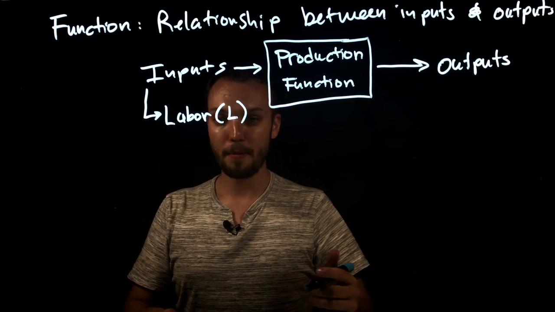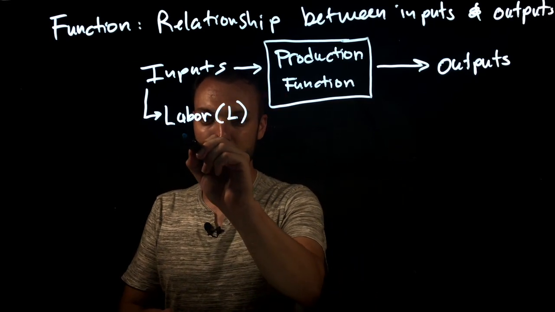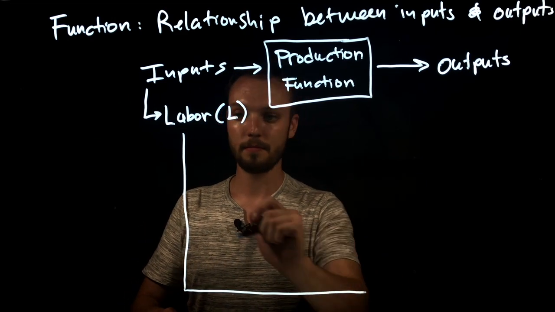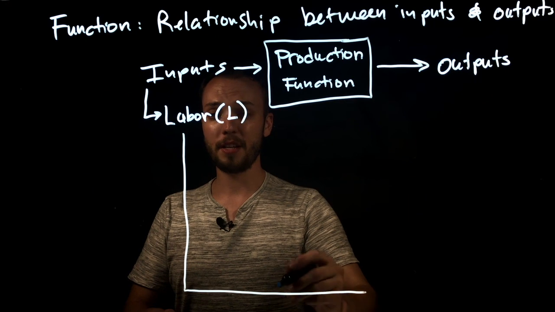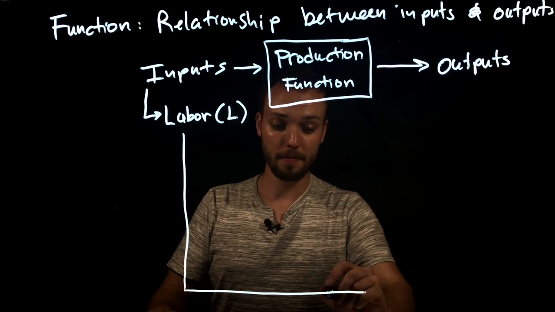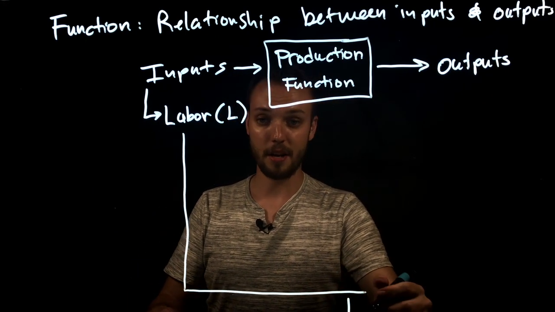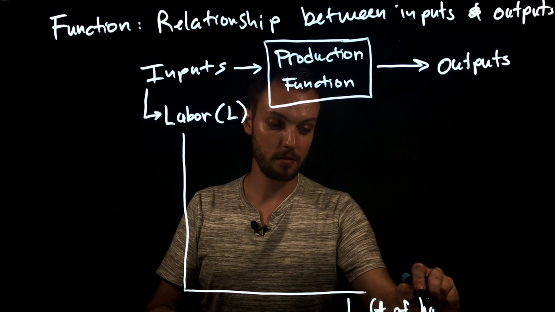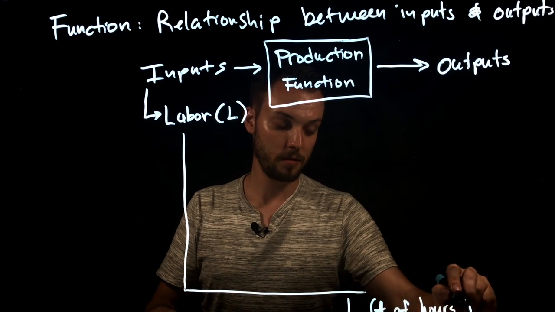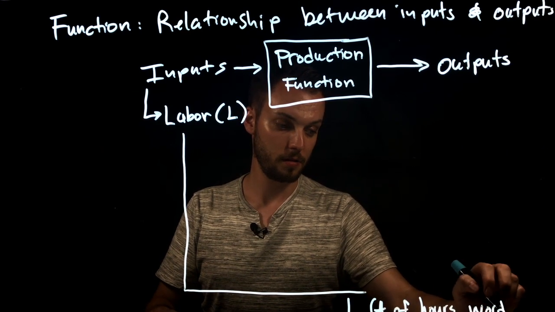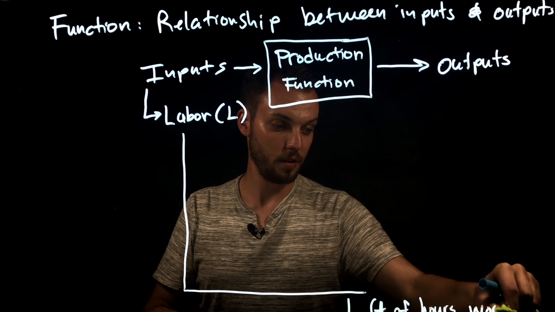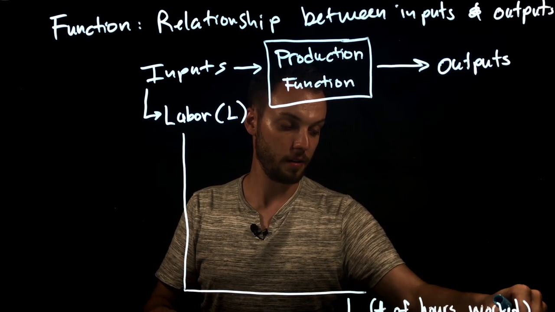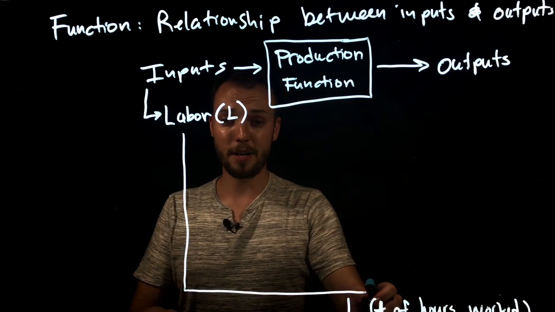So let's think about the production of memes. Okay, so we're going to say that memes are produced with labor and labor only. So we'll say L, that's the number of hours worked. And this is our independent variable.